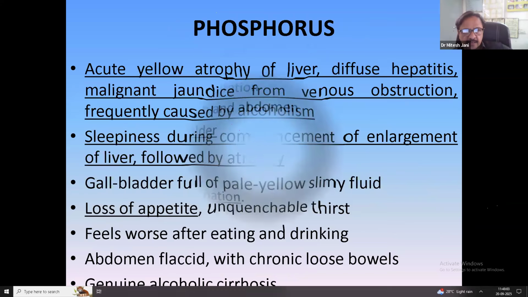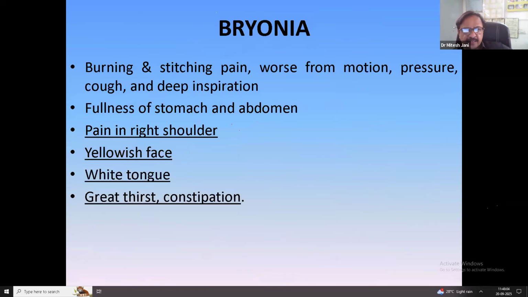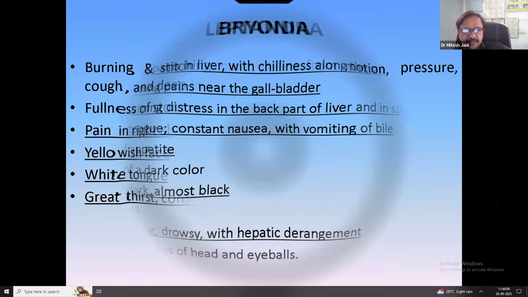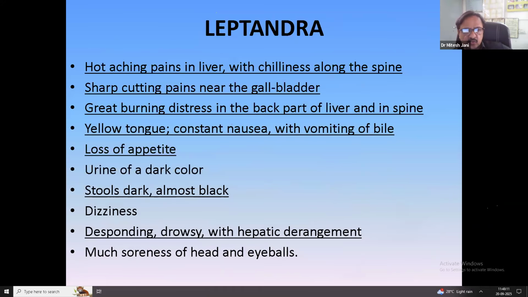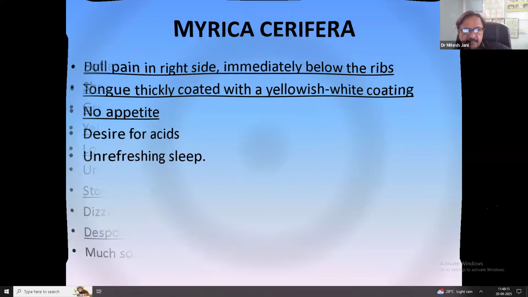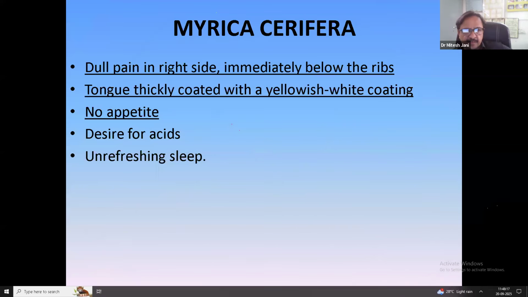Also pain in the right shoulder in Bryonia, white tongue with a yellowish base. Here the stool is dark, tongue yellow, and in Myrica, desire for acid, tongue thickly coated with a yellowish-white coating.